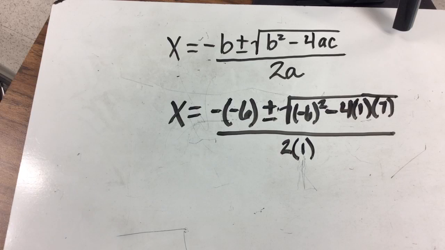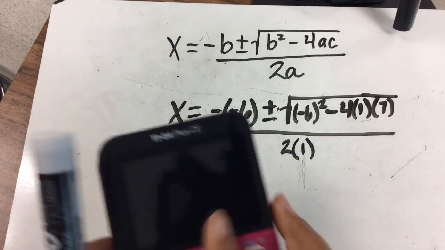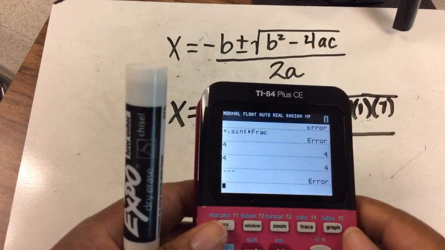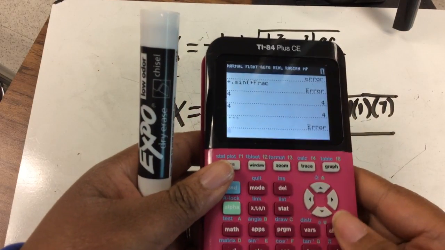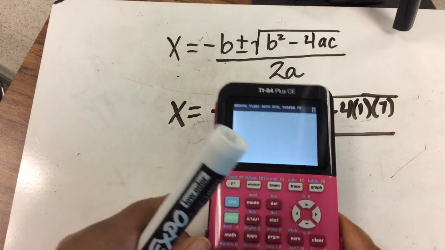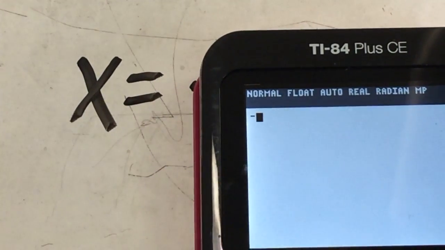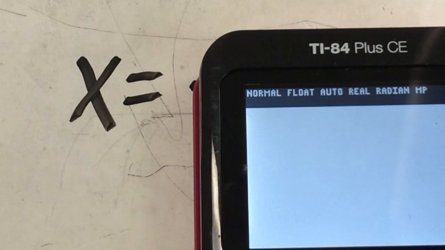Now, there are a couple ways that you can do this. You can just plug this into the calculator and let it calculate for you. I'm going to show you that, and then we'll do it by hand. So get to a clear screen, the home screen, and you're going to type it in just as you see it using the fraction.